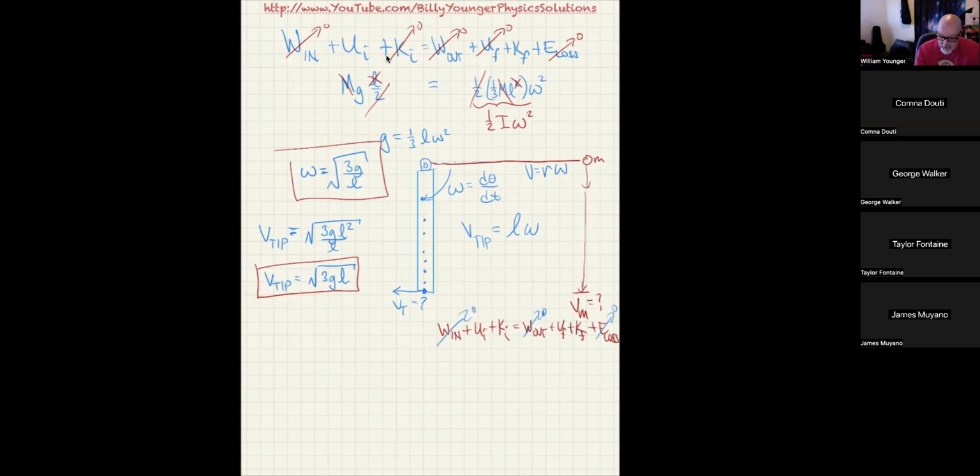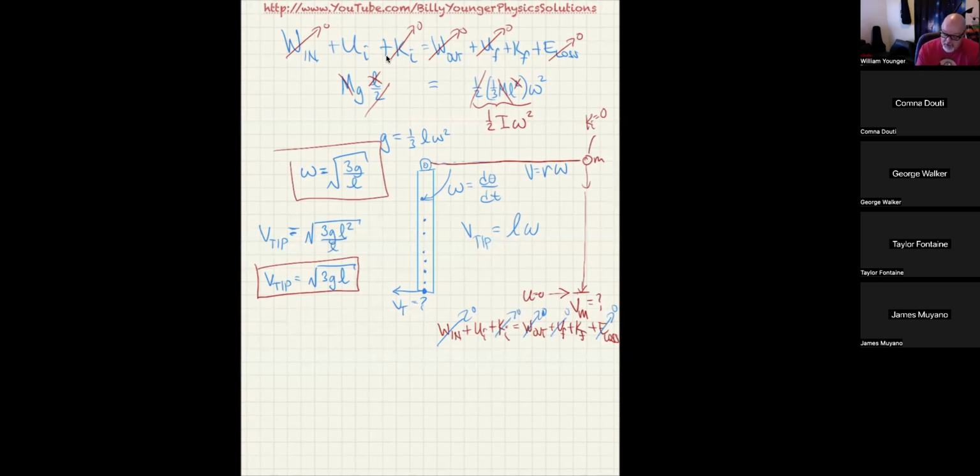That's going to be 0. And in fact, we can make this part right here U equals 0. And this part up here, kinetic energy initial, is equal to 0. So I can go ahead and say this is going to be 0 and this is going to be 0.